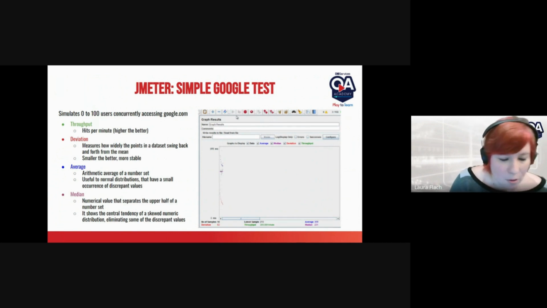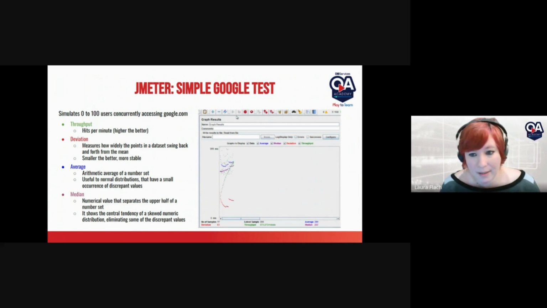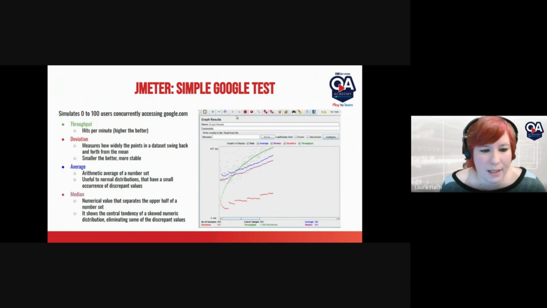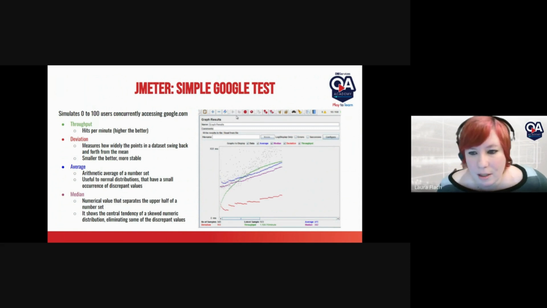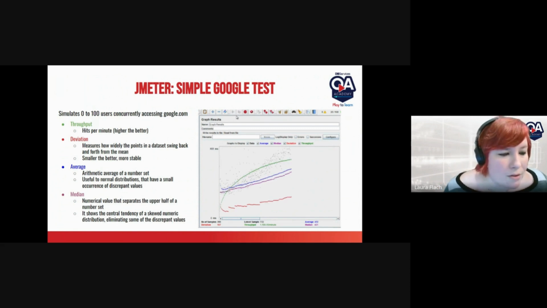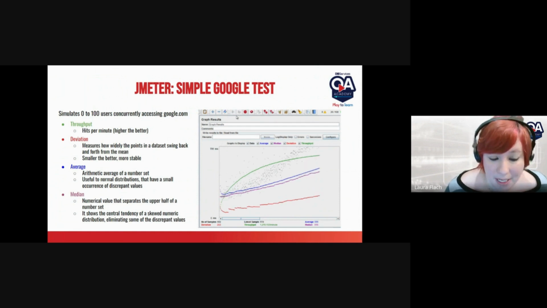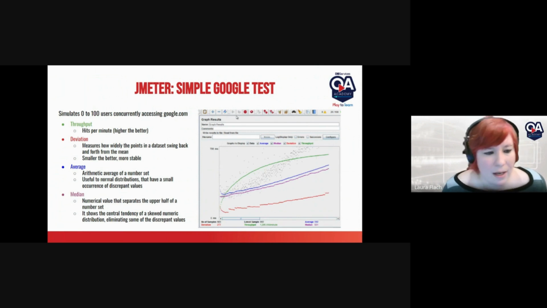So basically, you can see here the metrics being created inside LoadRunner. All of these numbers and this chart are basically inside the JMeter. The green one is the throughput. It shows how many hits per minute, in this case per minute.